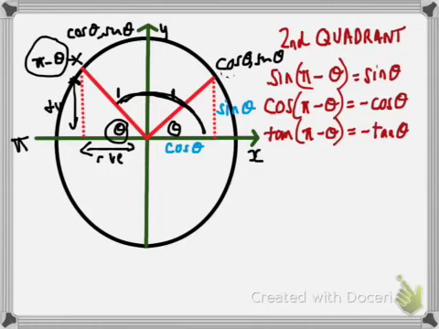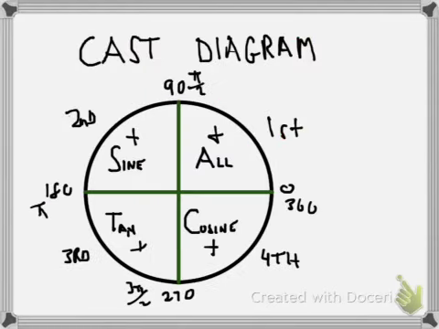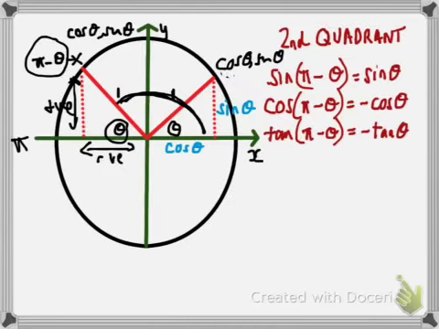Positive. Right. So you notice that sine theta is the same. Okay, it's positive there and positive there. But the cosine there, that distance there, is positive there, but negative there. That's why, if we go back to the cast diagram, we can see that cosine is negative in that second quadrant. But sine is still positive.